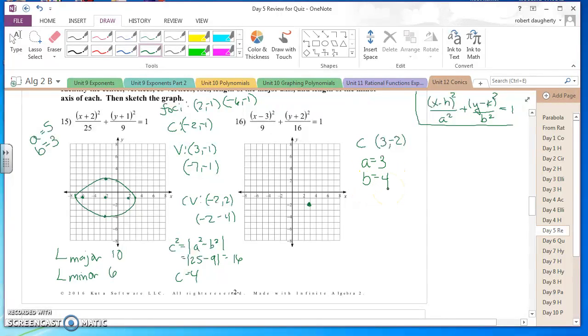This is a vertical ellipse. So to find my vertices, from this point, go up 4, 1, 2, 3, 4. That's one vertex. If I go down 4, that is my other vertex. So my vertices are going to be at (3, 2) and at (3, -6).